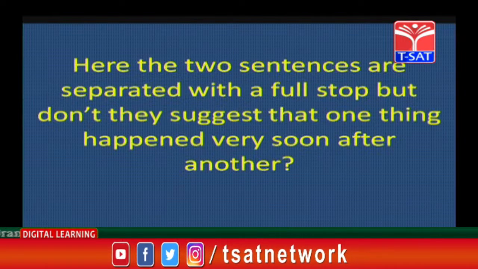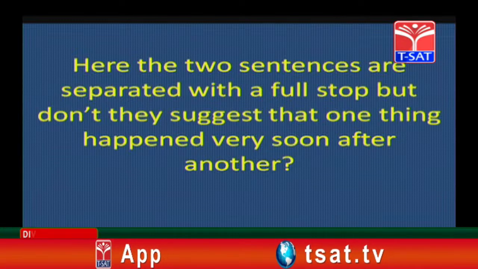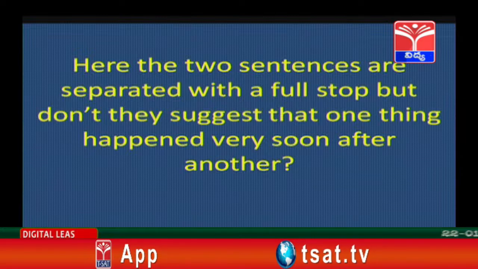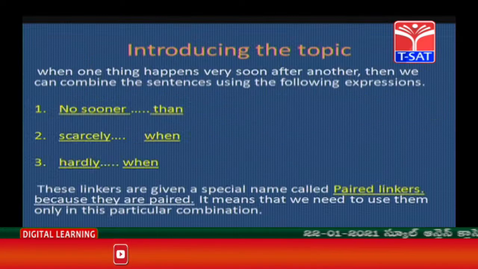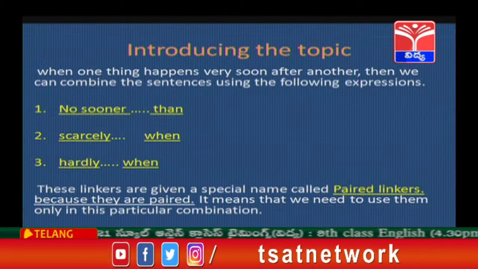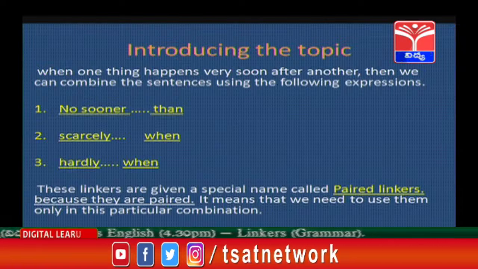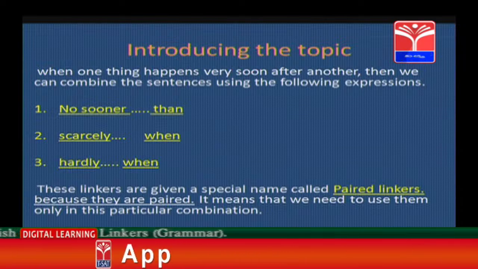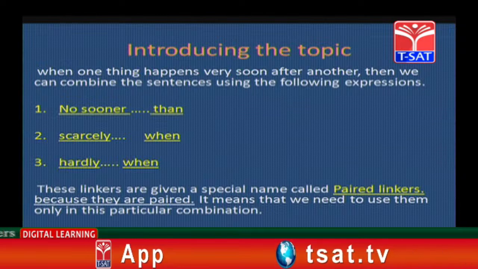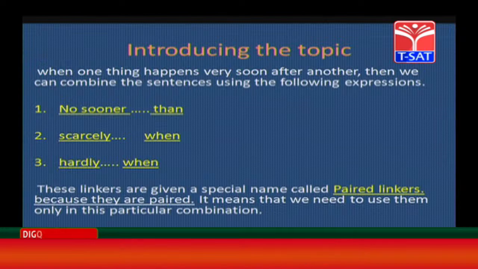Here, the two sentences are separated with a full stop. But don't they suggest that one thing happened very soon after another? When one thing happens very soon after another, then we can combine the sentences using the following expressions. 1. No sooner than. 2. Scarcely when. 3.